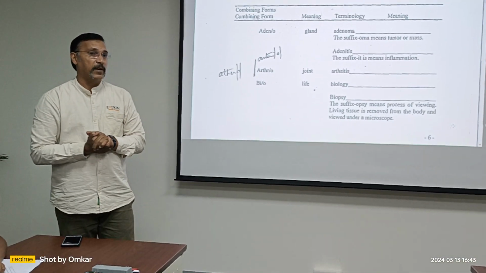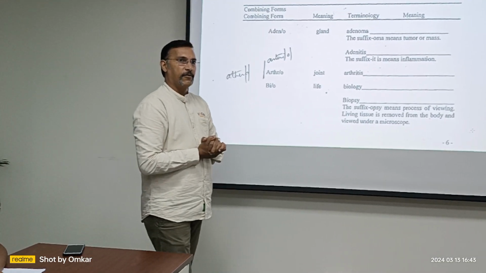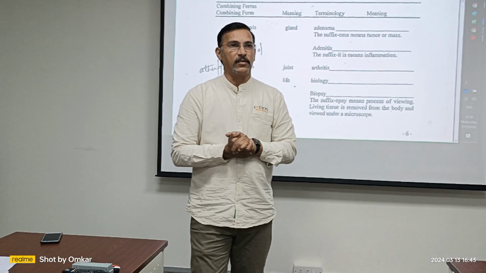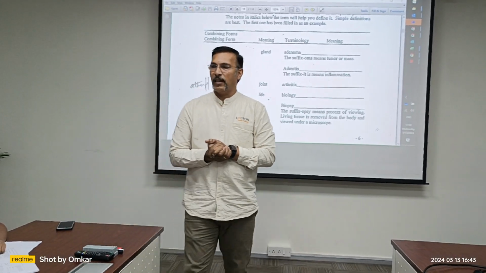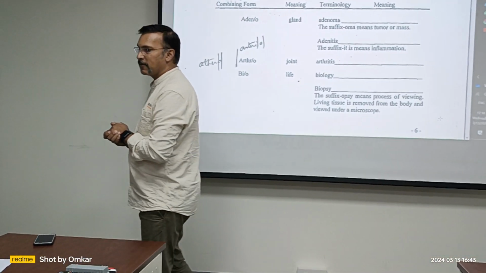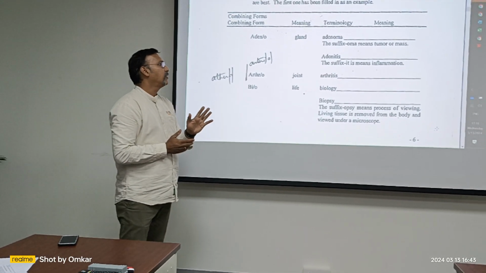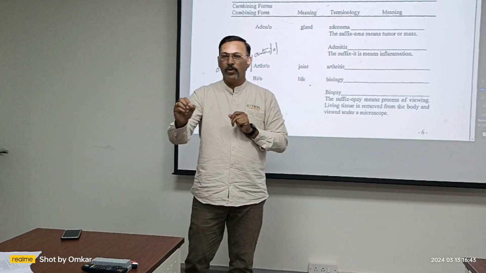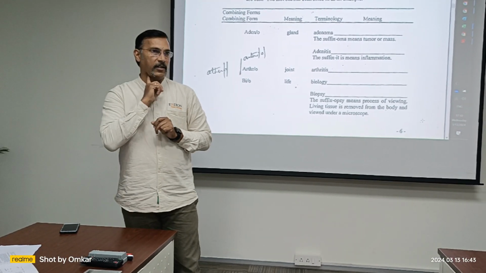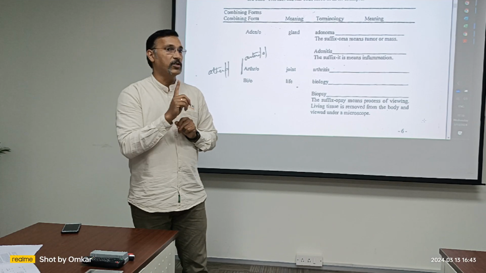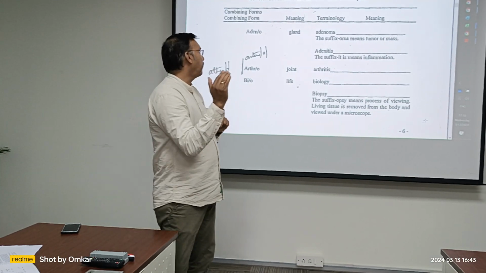Some I'm going to explain, some you should write yourself. Like adenitis. Can you write it? Can you tell it aloud? What is adenitis now? What is itis? Inflammation. So how are you going to write? Inflammation of gland. Adenitis. So it is known as inflammation of gland.